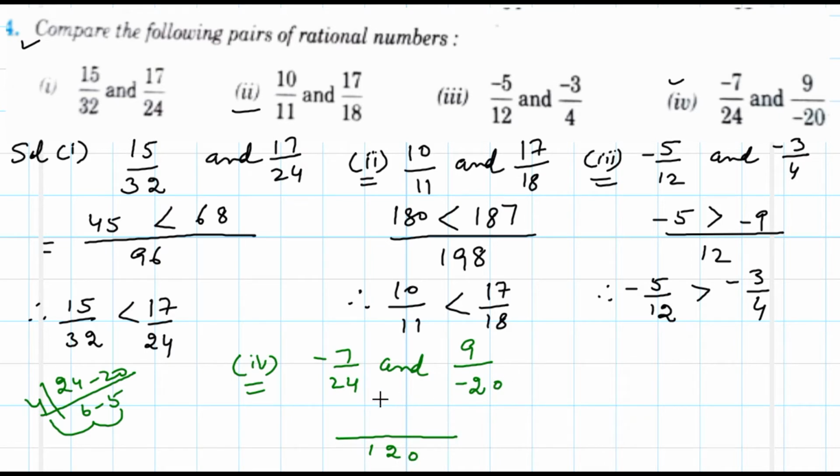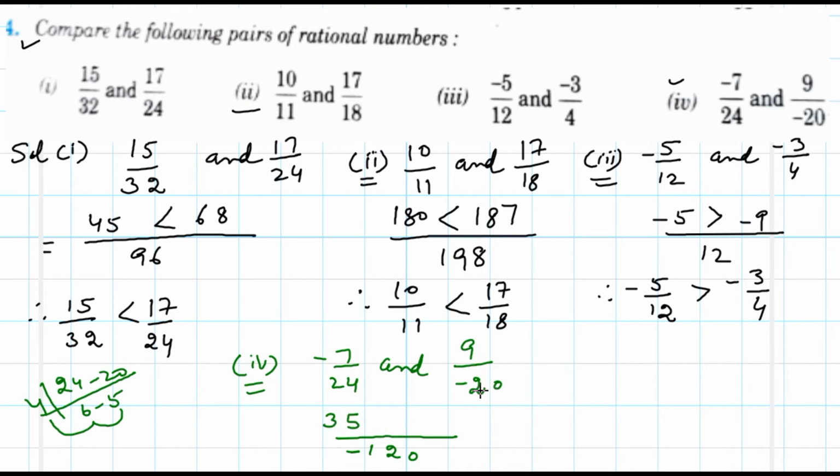So one of them is carrying a negative minus sign with it, so the LCM would also be in minus, right? Now 24 times 5, this is minus 5 into 7, 35, minus minus plus, this minus becomes plus, right?